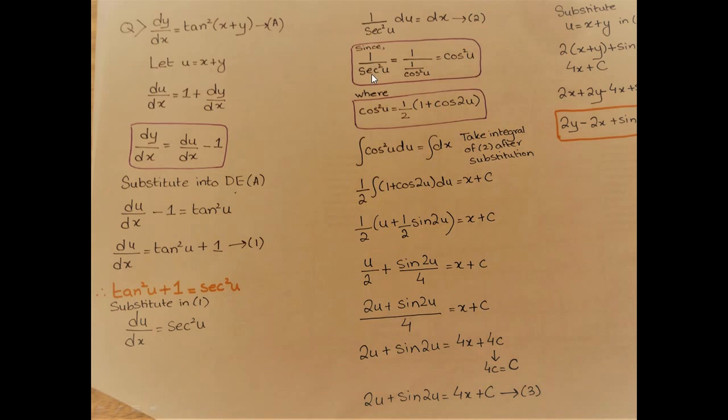Now as you know that secant square u is equal to 1 over cos square u, and this is ultimately equal to cos square u, and this cos square u as you know the identity of cos square u, which is equal to 1 by 2 into 1 plus cos 2 of u.